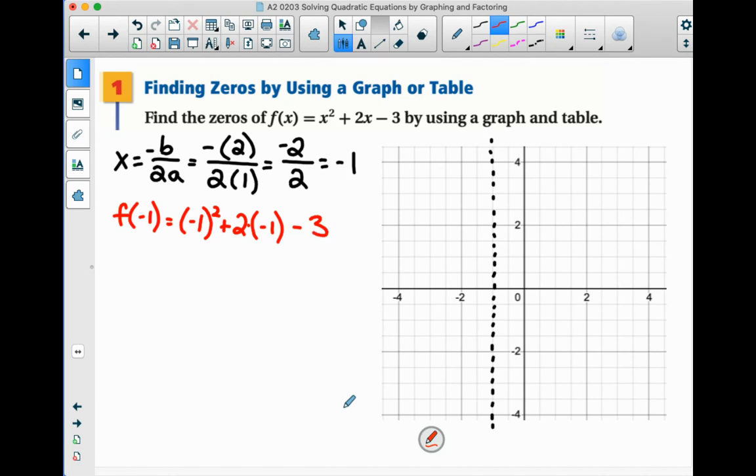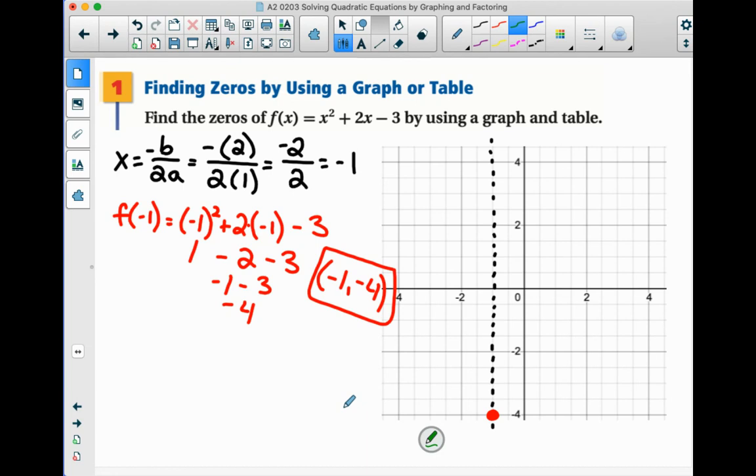So negative 1 squared, 1. 2 times negative 1, negative 2. And then minus 3. 1 minus 2 is negative 1. Minus 3 is negative 4. So we put in negative 1, we got out negative 4. This is our vertex, which we know is where the graph changes shape. So negative 1, negative 4 is down here.